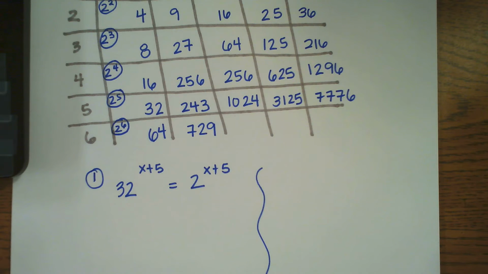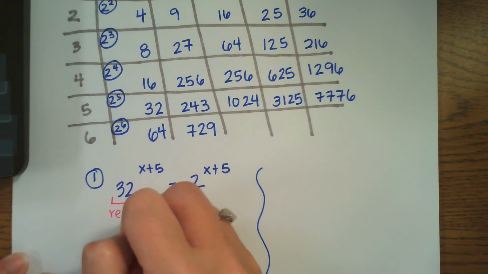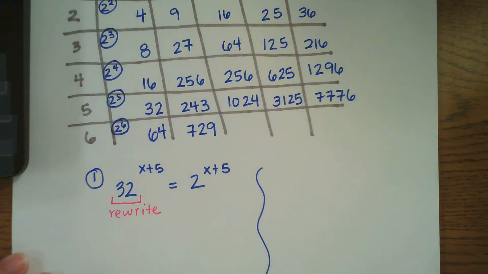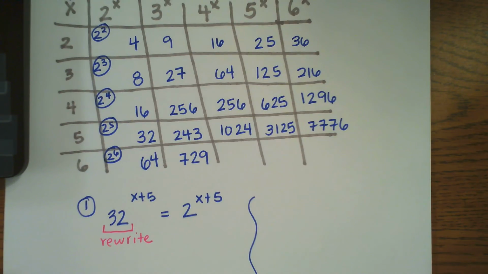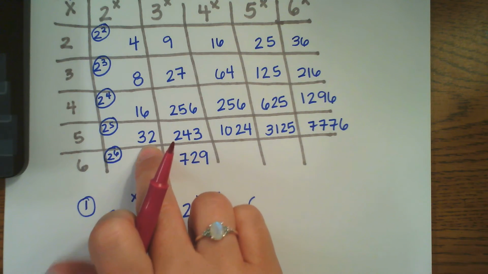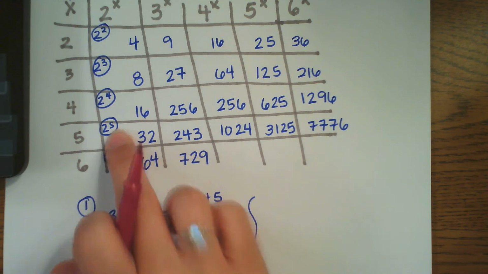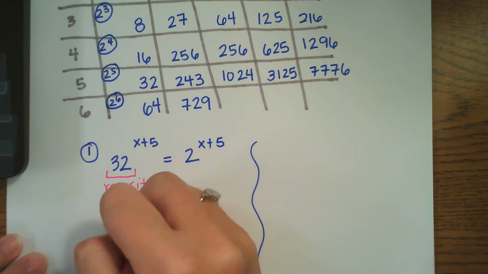We always want to rewrite the bigger base as a smaller base. So I see 32 can be rewritten as 2 to the 5th. So I'm going to replace that 32 with 2 to the 5th.